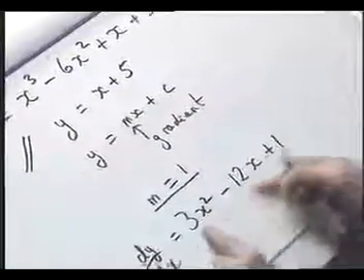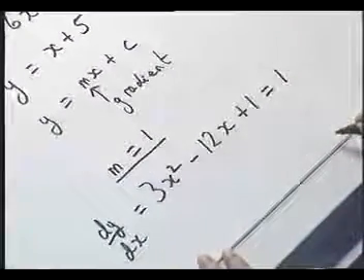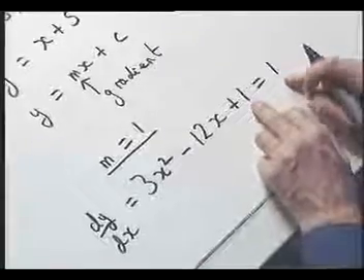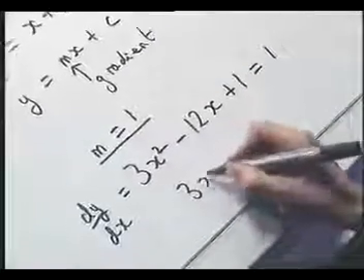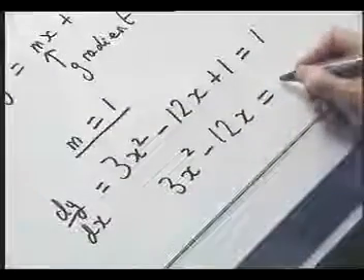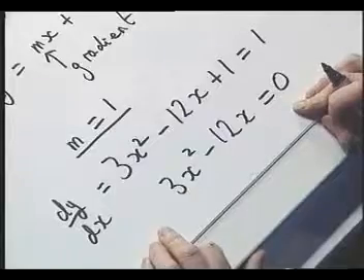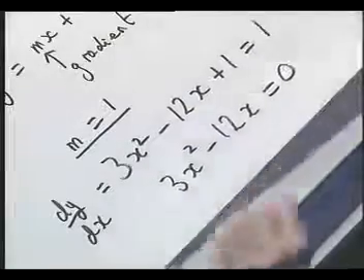And we want this expression to be equal to 1. So we can take 1 away from each side, and we have 3x squared minus 12x equals 0. And this is a quadratic equation for x, which we can solve.